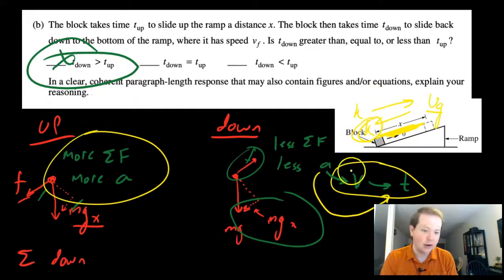And then once again, I have less speed at the end than I do in the beginning. If I have the same traveling distance and I end up with less speed, it must mean I wasn't having as much change in speed, therefore the time would be more than before. So there were a couple ways to answer this question.